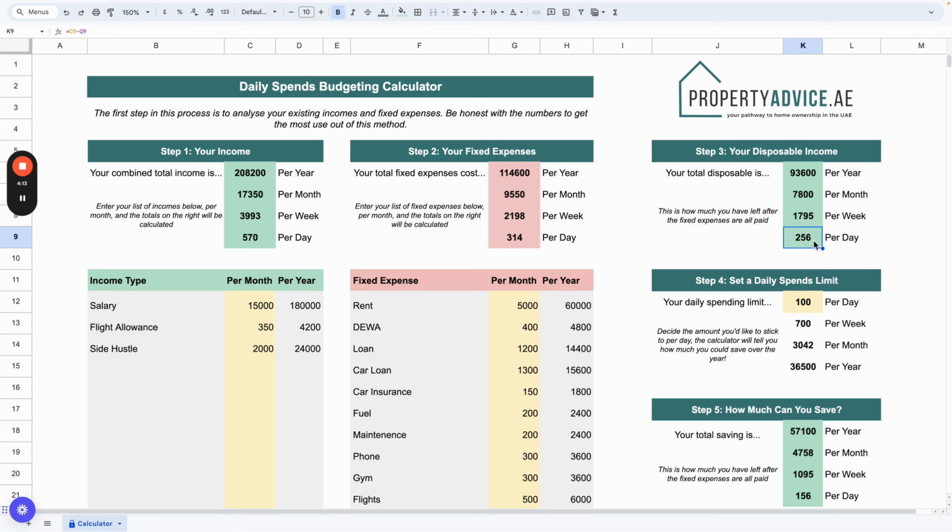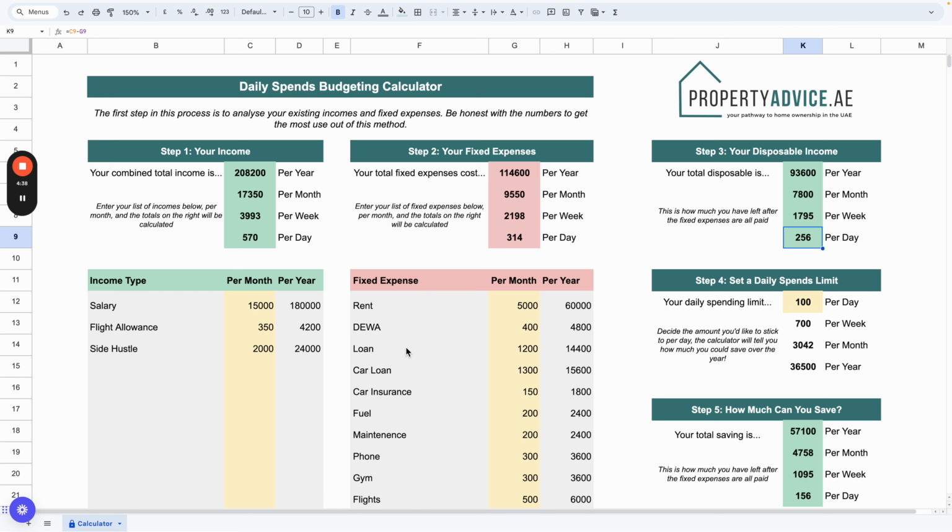But the interesting thing starts to happen when you actually look at how much you actually spend per day on things like food, going out, getting takeaways, entertainment, events, parties, other travels, spontaneous things, anything to do with your life that isn't actually written down here already. This is your budget for all of that.